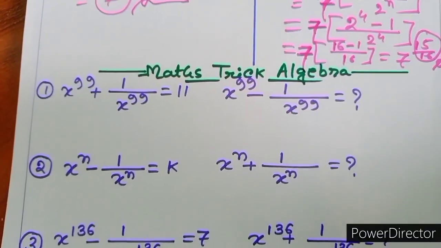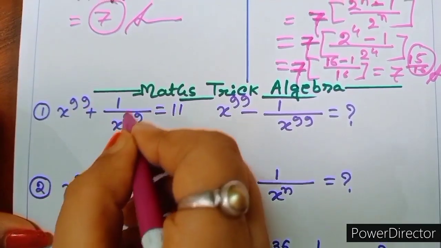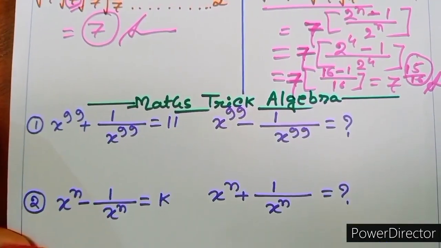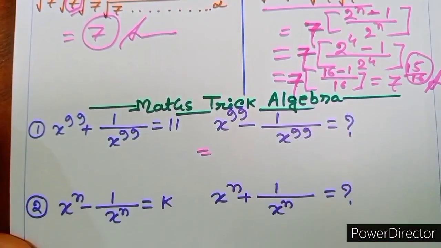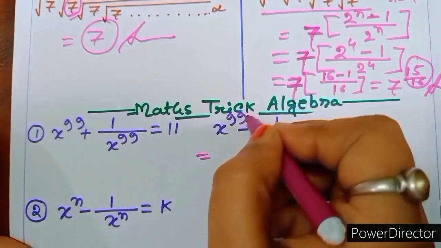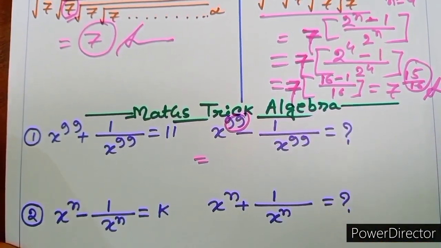Okay. Now we learn another trick. x to the power 99 plus 1 by x to the power 99 equal to 11 given. How do we find x to the power 99 minus 1 by x to the power 99? We don't see here 99 or 126 or 129.